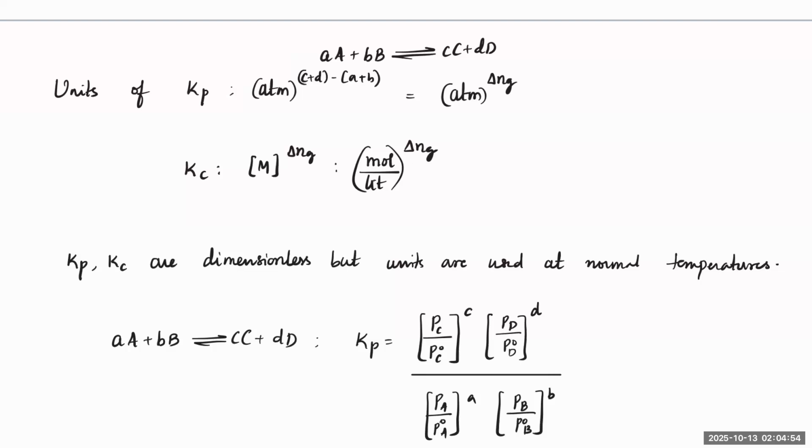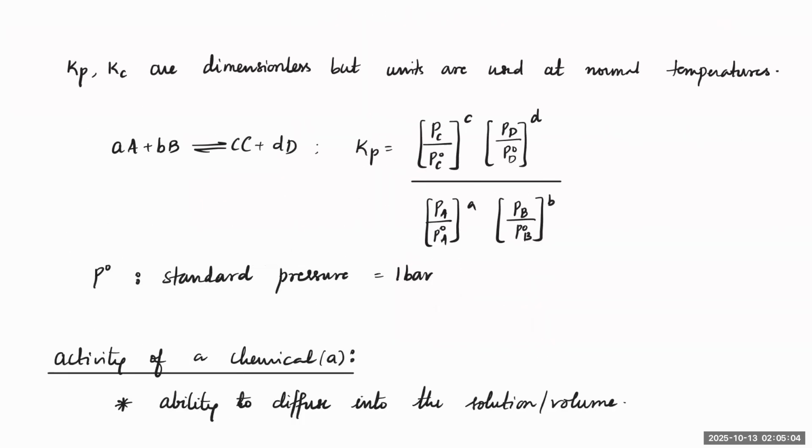And notice that there are two types of Kp that we will always observe. One Kp is with dimensions, the other one is dimensionless. Here, when we use this Kp value, we are using it with respect to the standard concentration or the standard pressure.